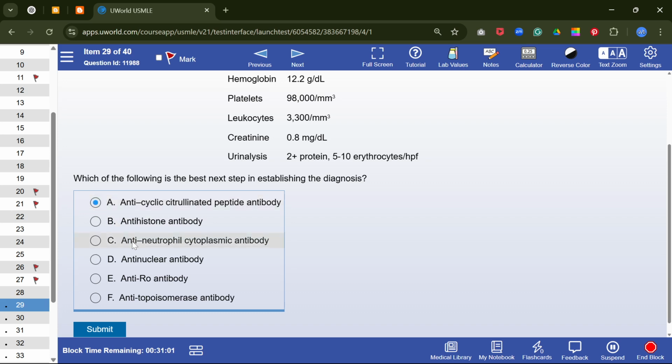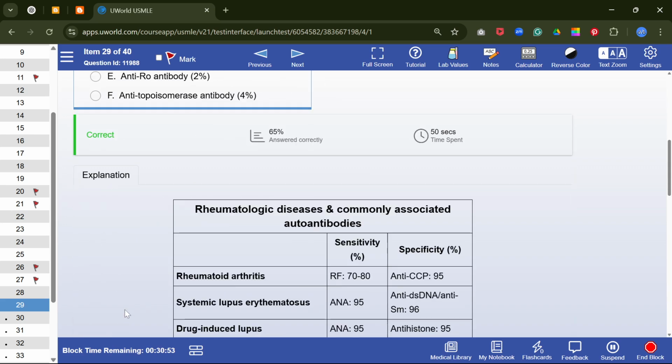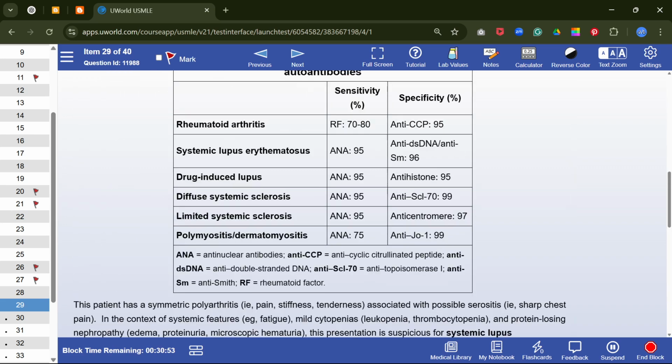Which vasculitis? Antihistone antibody is for drug-induced SLE. Yes.